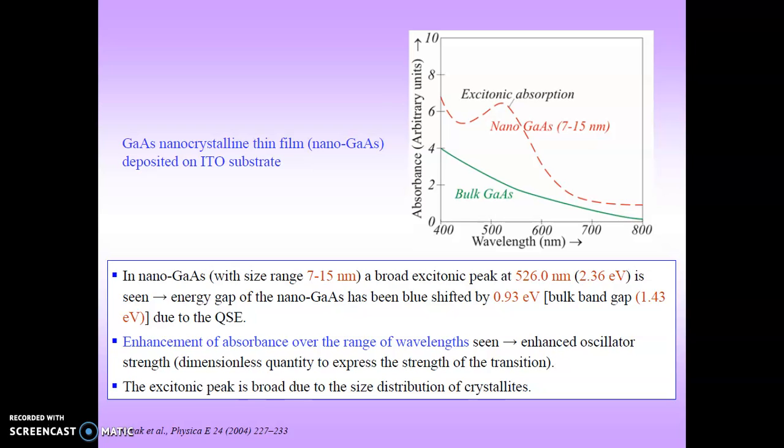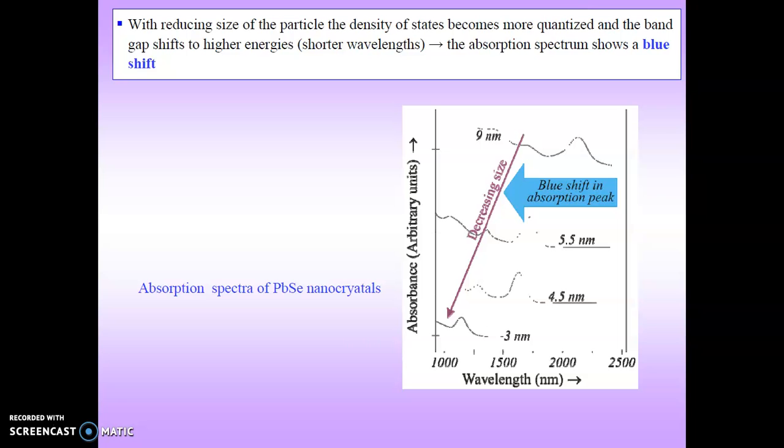Even so, nano gallium arsenide shows better absorption at 500 to 600, but beyond that it will be reducing. With reducing size of the particle, the density of states becomes more quantized and the band gap shifts to higher energy.